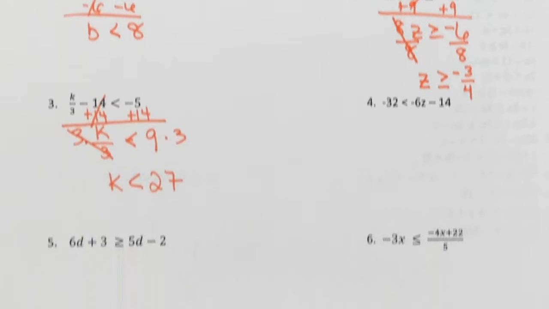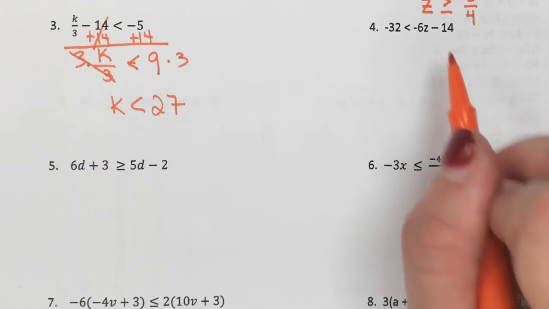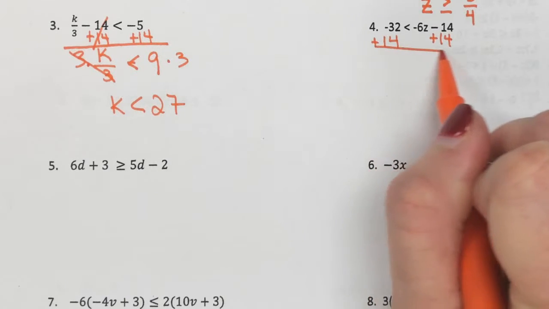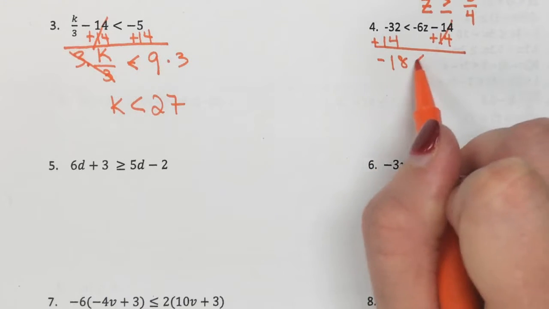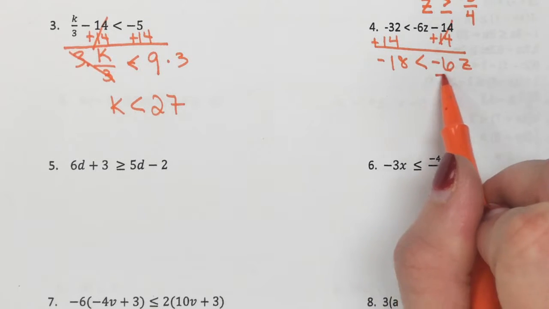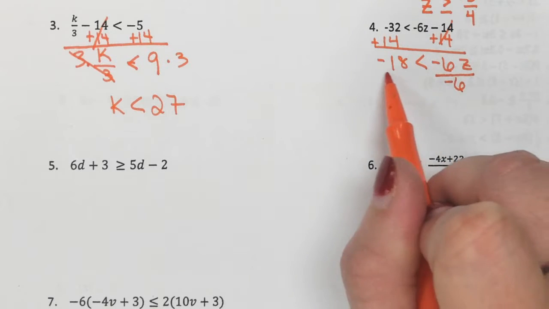What about number 4? Add the 14. Perfect. -18. I'm going to divide by how much? -6. And what happens when I divide by a negative?